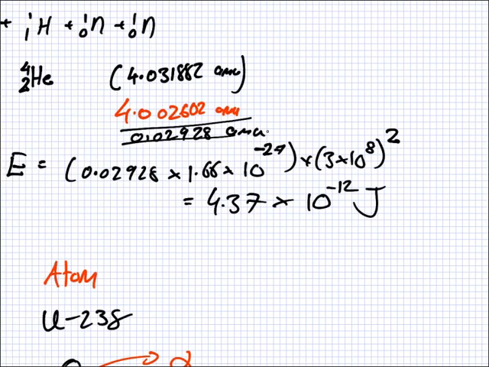So, Andek, if you still have this on the calculator, if you just divide by 4 and you get 1 point, well, yeah? 4.37 divided by 4? 1.095 times 10 to the minus 12. Okay.